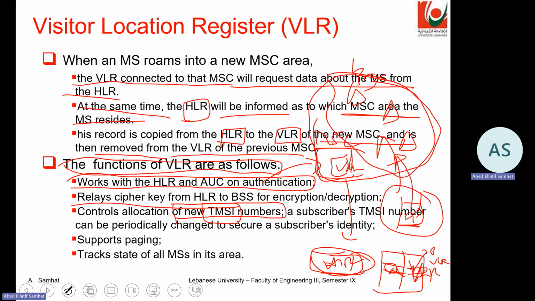This temporary mobile subscriber identity will be used by the visitor location register at the location area of the mobile switch center. It is temporary, so only the visitor location register knows this temporary identity, and it is aware of the exact location of this mobile device, but under this temporary identity.